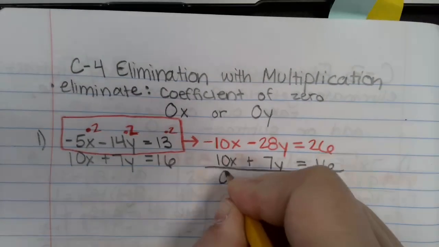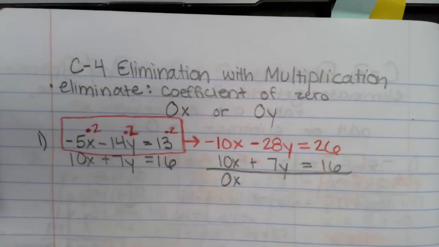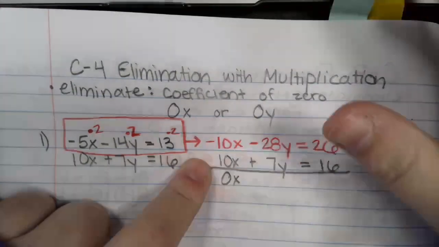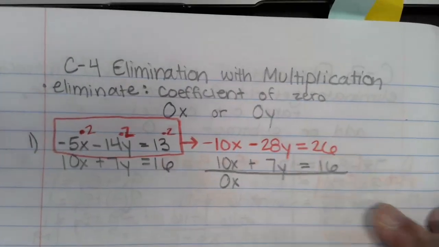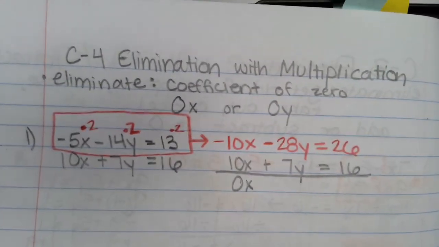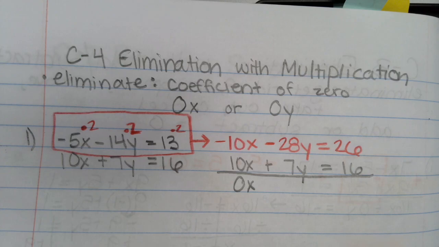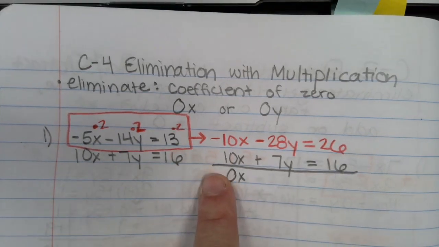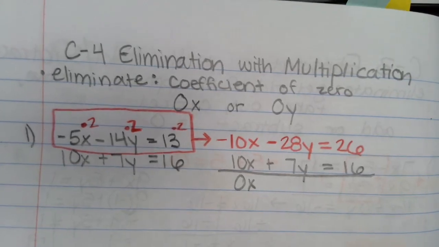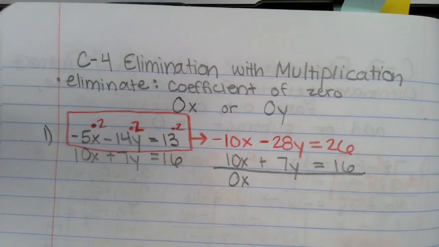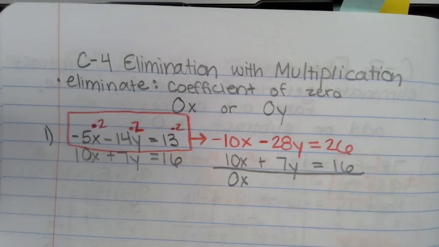To make a 0x there, if I have a negative 10 and a positive 10, should I add or should I subtract? Add. Are they the same signs or opposite signs? Opposite. So when they're opposite, we add.